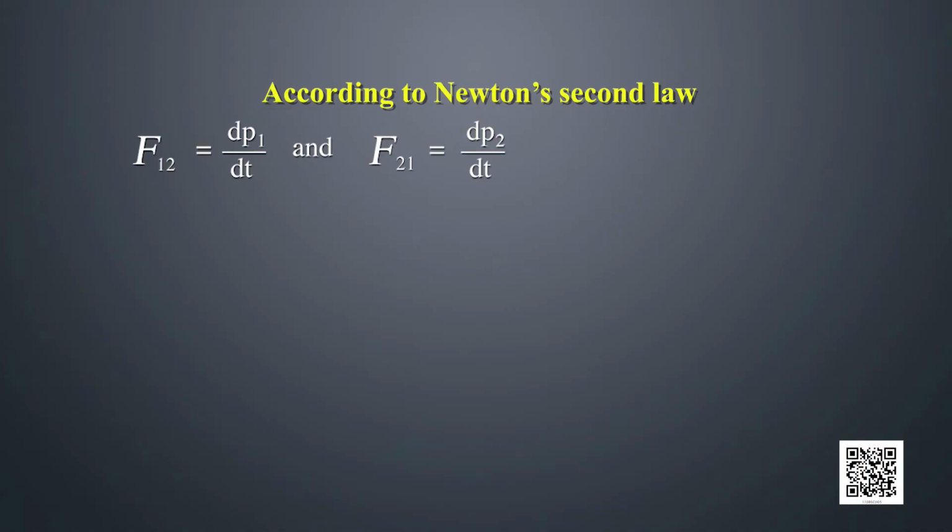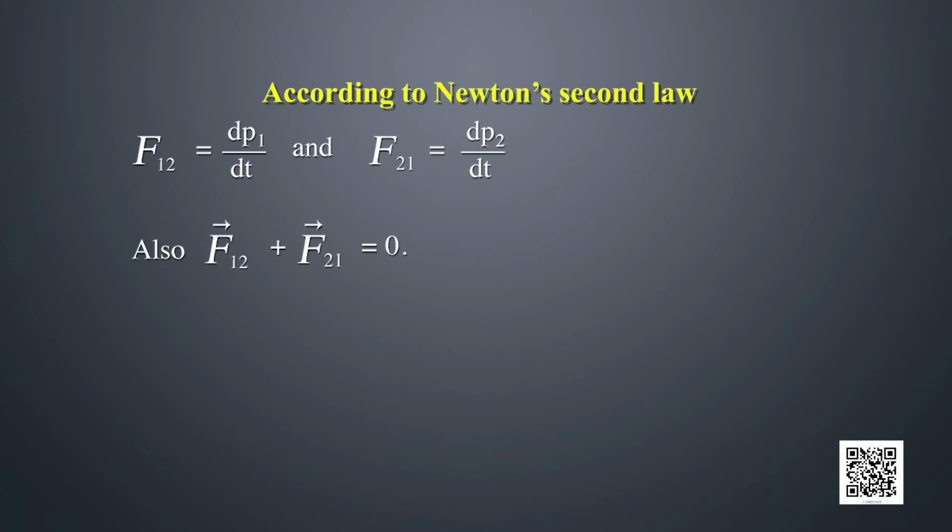According to Newton's second law, F12 is equal to dP1 over dt. This follows from the relation force equal to rate of change of momentum. And for body 2, we can write F21 equal to dP2 over dt.